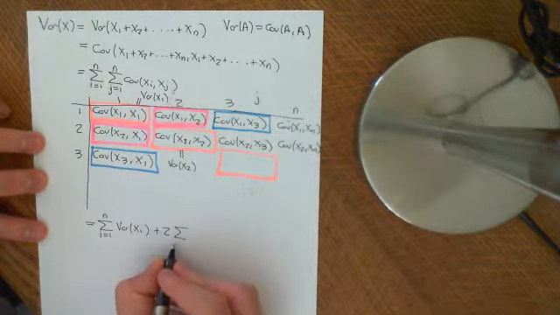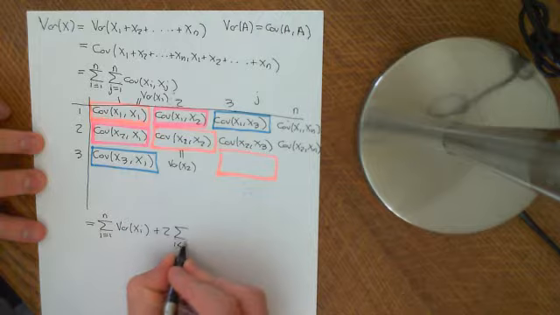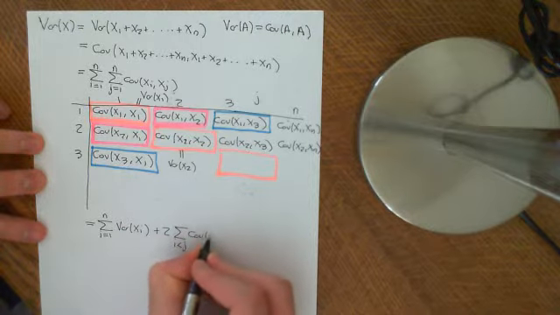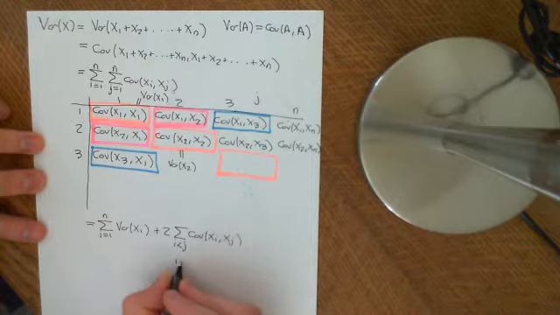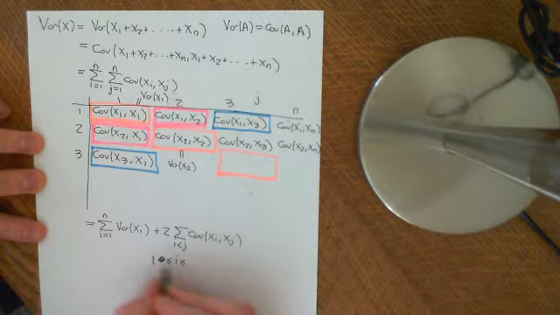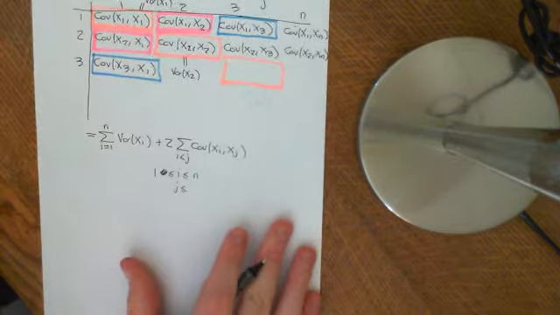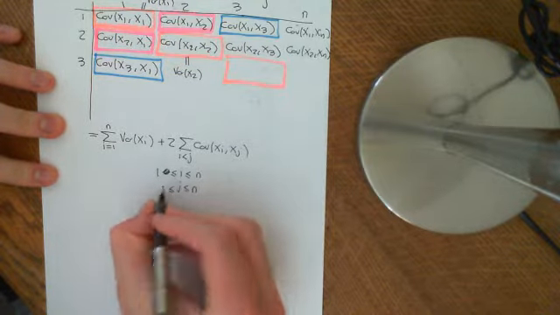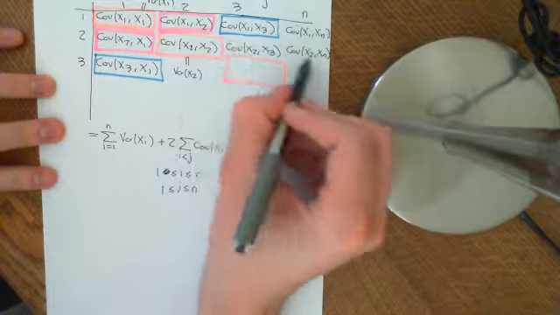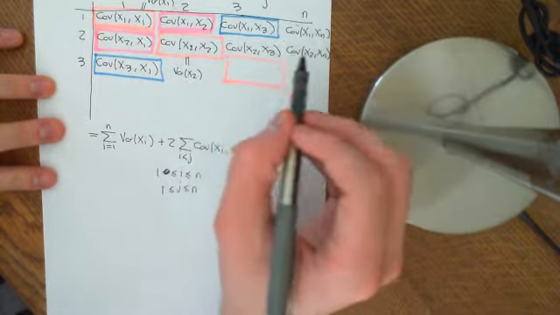So basically, this is going to be the sum, i less than j, of the covariance of xi with xj, where you vary i between 1 and n, and you vary j between 1 and n. And I'll show you exactly why that sum is equal to the sum of all of these off-diagonal terms above the diagonal.